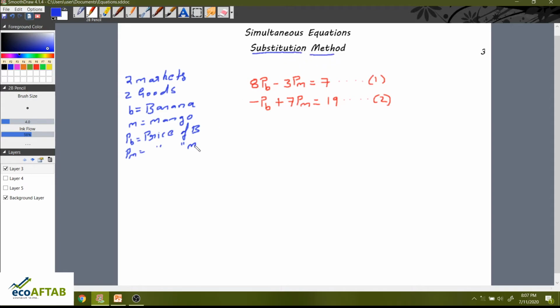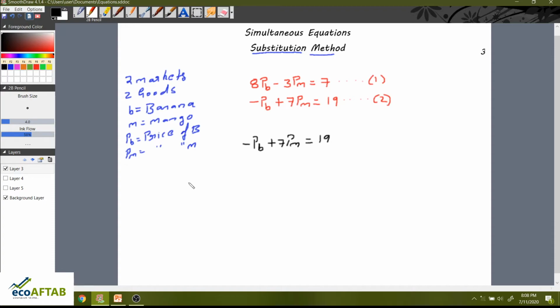In order to know the values, let us start with the substitution method. For the substitution method, we will take one equation and try to solve it. The equation that I am going to take here for solving is minus PB plus 7PM is equal to 19.